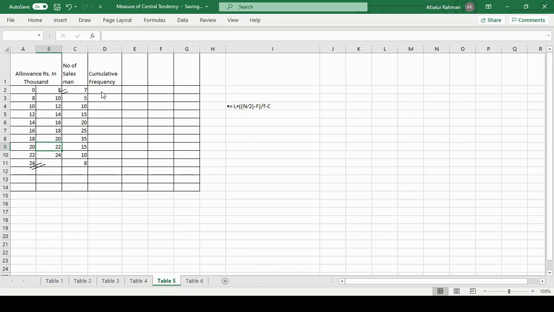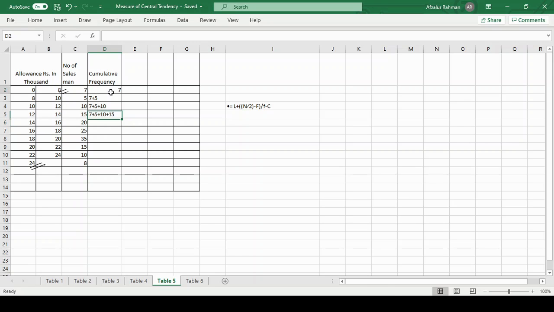Here 7, next will be 7 plus 5, next will be 7 plus 5 plus 10, then 7 plus 5 plus 10 plus 15. In every cell you add the previous ones; that is called cumulative. So this is the way to calculate the cumulative frequency.